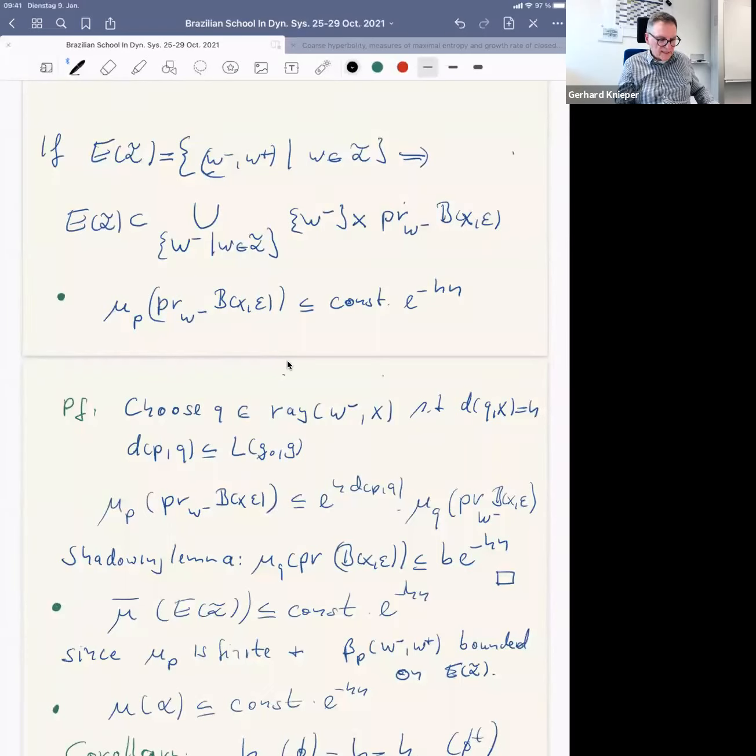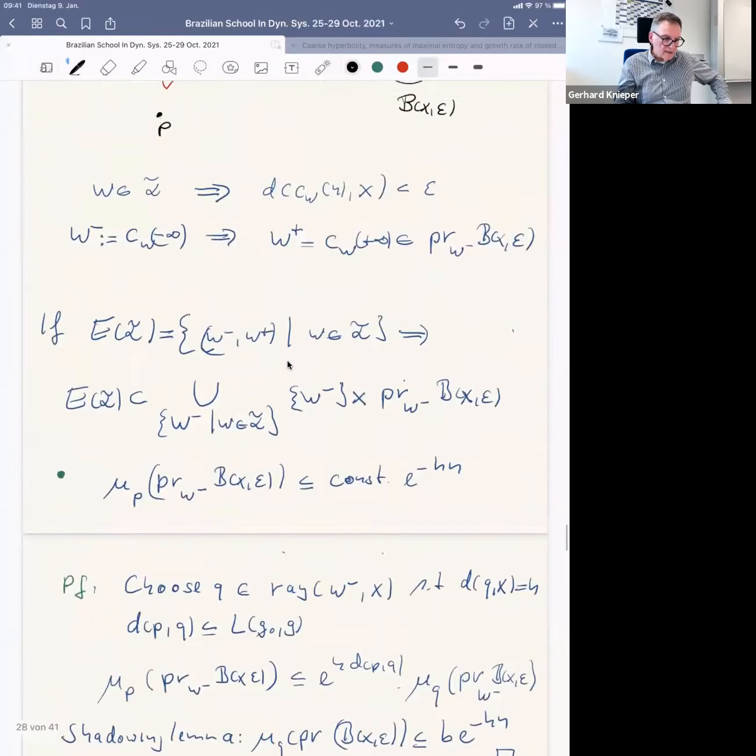That comes from the Radon-Nikodym derivative, because the Busemann function can always be bounded by the distance function. So this is the Radon-Nikodym derivative times the measure now measured at the point Q of exactly the same Z. So that's what you do.